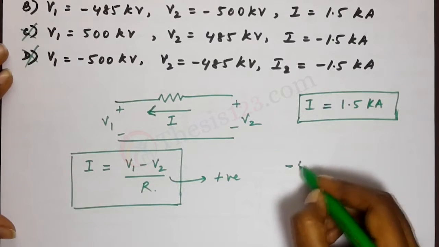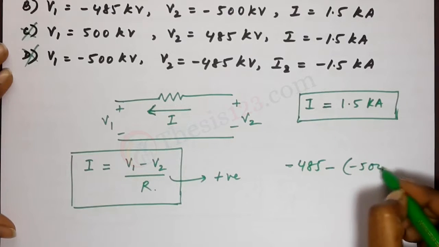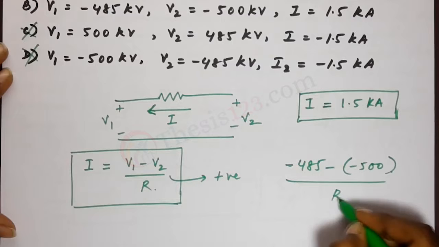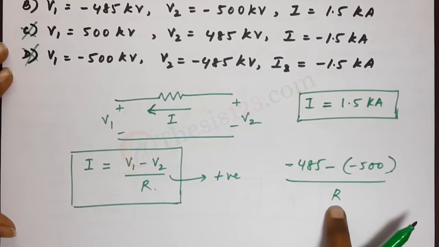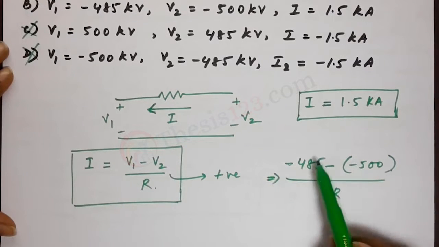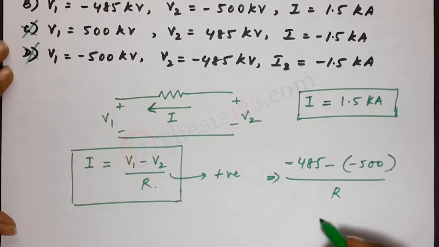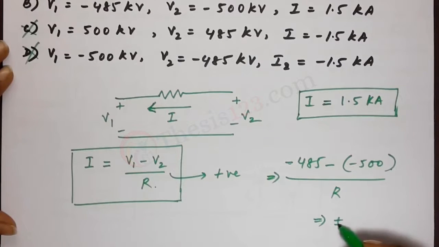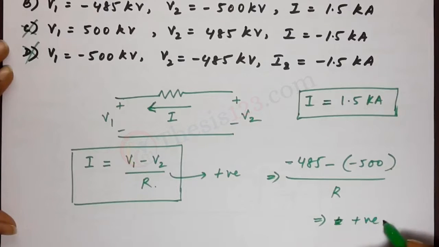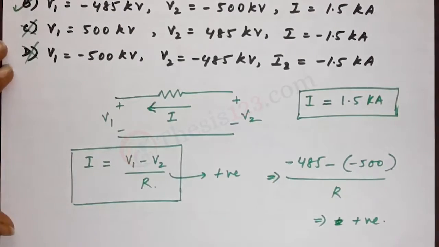So, we have minus 485 minus of minus 500 divided by R. Now, regardless of what value the R is, if the numerator is positive, then the result is also positive. So, minus of 485 plus 500 will give us a positive value, which means that option B is the right combination.